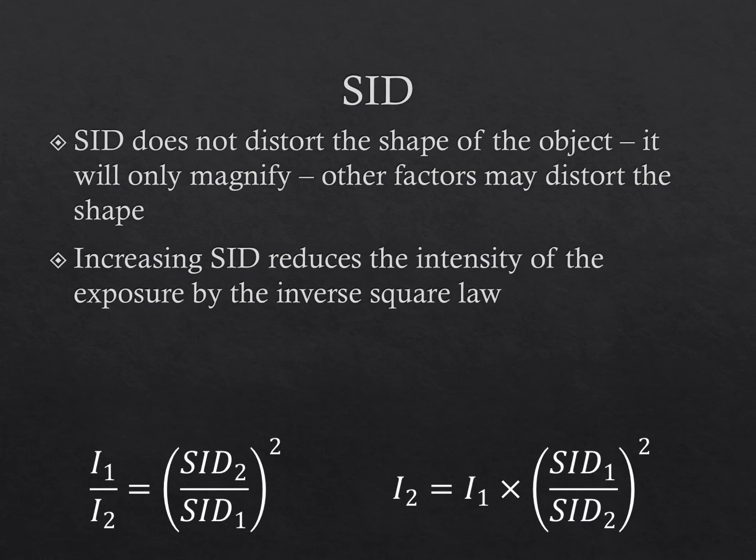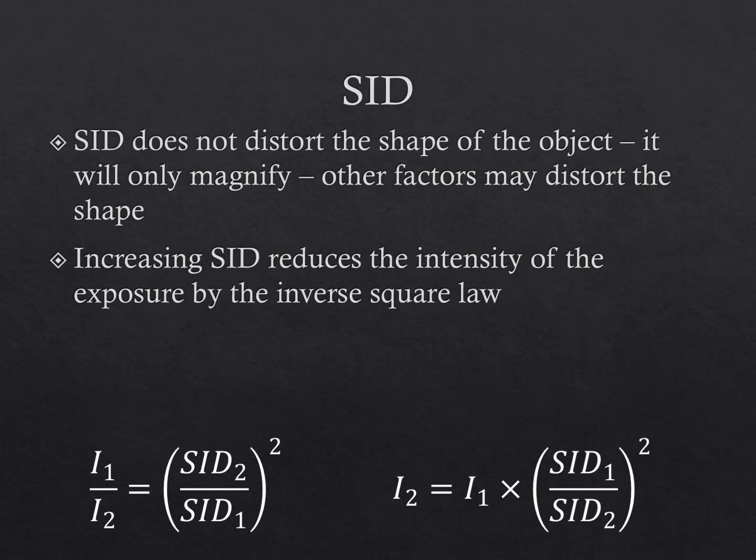Well, think about that for a minute. If just by increasing my distance from the patient I reduce my exposure, what do you think is going to happen to the intensity of the X-ray beam that's going towards your patient? If I increase my distance, it's going to decrease the intensity. So that's why, kind of tongue-in-cheek, we tell you you have to do this at 40 inches, we tell you you have to do this at 72 inches.